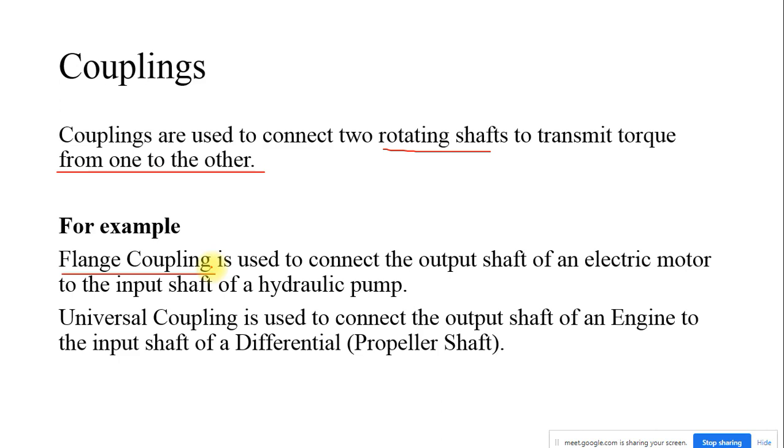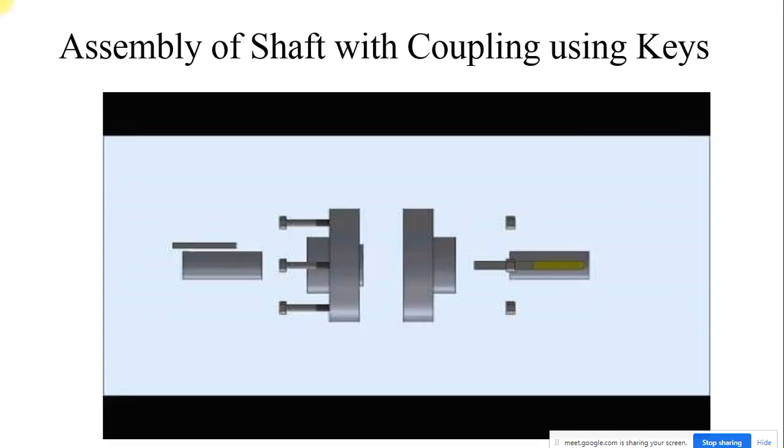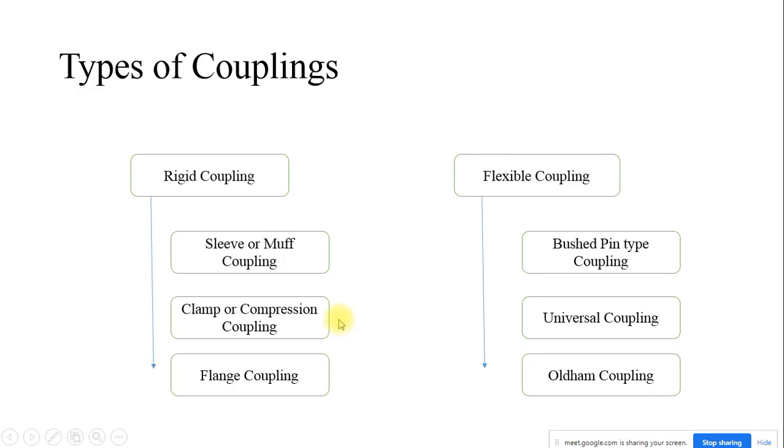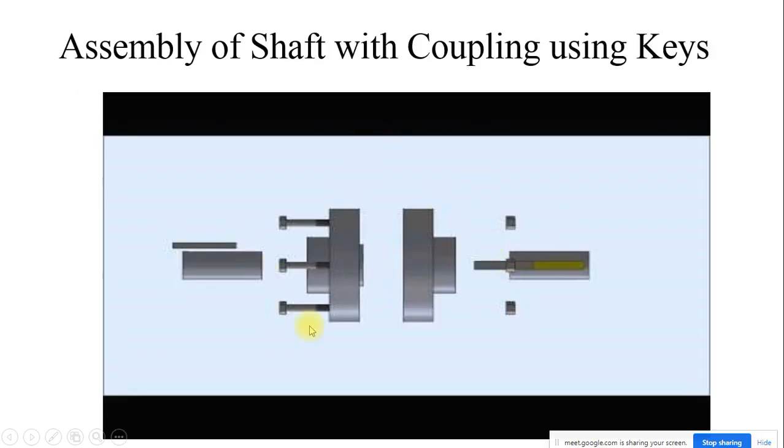Now let us look into the different types of couplings available, before which I don't know whether this will play or not. Let me verify. Okay, let me show you an assembly of a flange coupling, how a shaft with the key and the coupling is assembled.